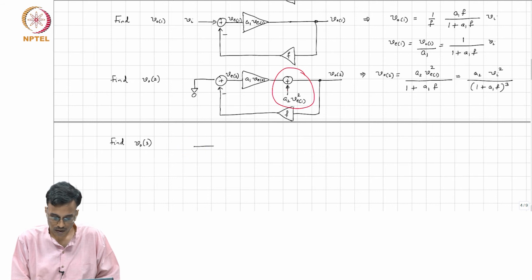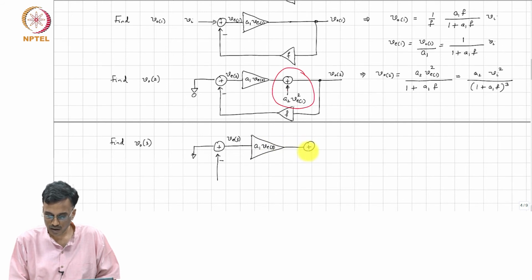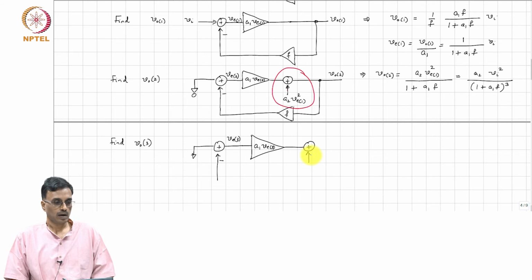We have to inject two more current sources. This is VE3, this is A1 times VE3, and we have to inject something here, right.